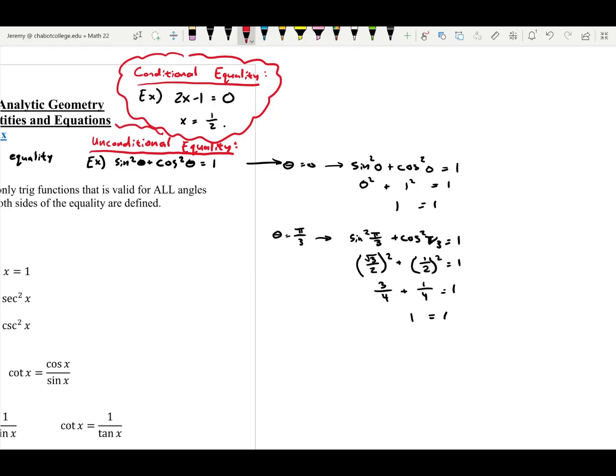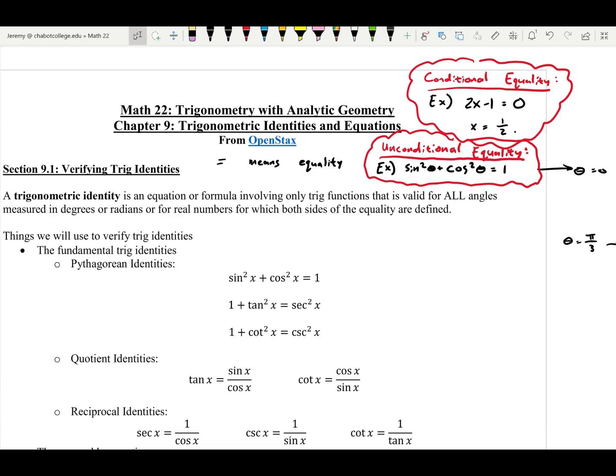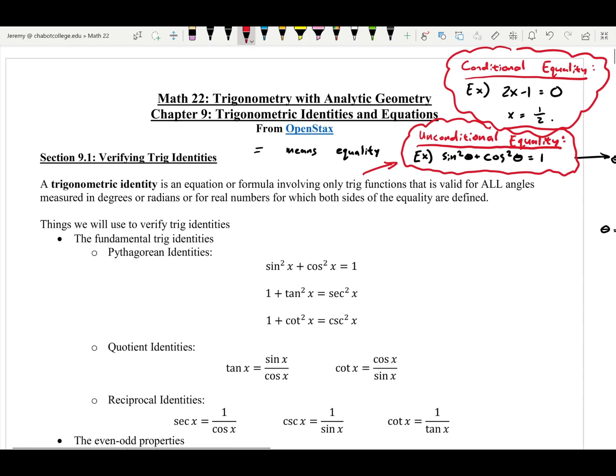Another word that we have for unconditional equality is identity. So when we say we're going to talk about trigonometric identities, they're going to be equations of this nature, where they're true no matter what the input is.